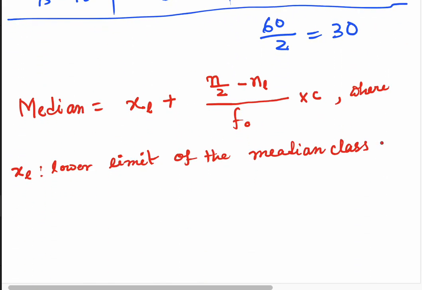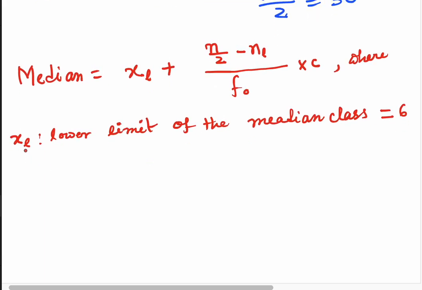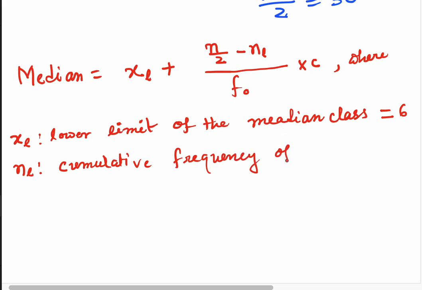So XL is 6. Now NL is the cumulative frequency of the class preceding the median class.